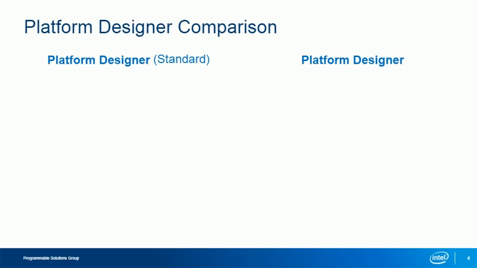When using the Standard Edition, you work with the .qsys file to create your system. The .qsys file contains all the information required to generate RTL code for the system, including all component connections and IP and interface parameters.